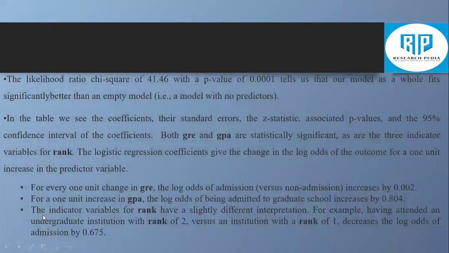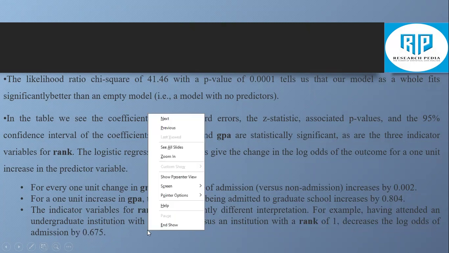Let me read the interpretation again. Having attended an undergraduate institution with rank 2 versus an institution with rank 1 decreases the log odds of admission by 0.675. The negative sign indicates the decrease.